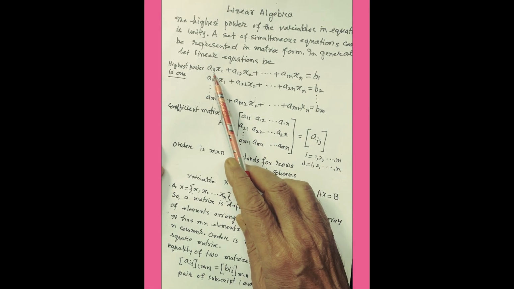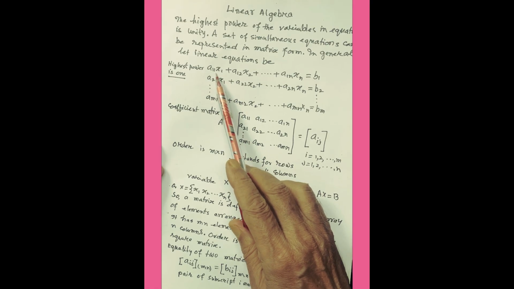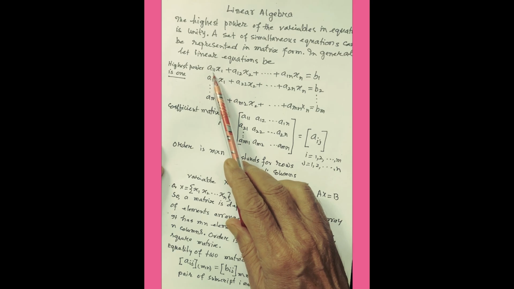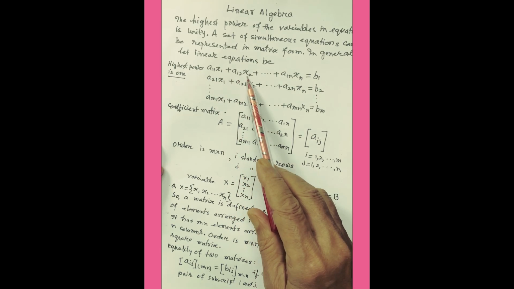So a11 is the coefficient of the variable x1, because when you illustrate, it will start with a number. So a11 x1 plus a12 x2, so on, equals b1.